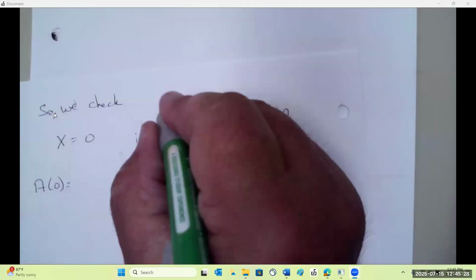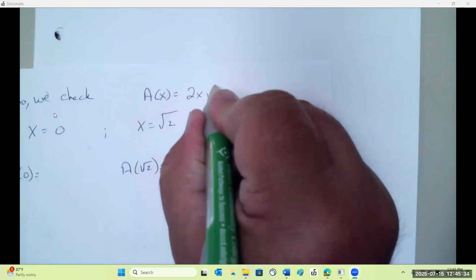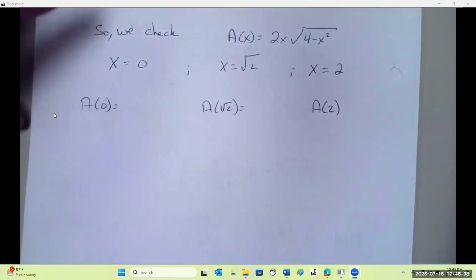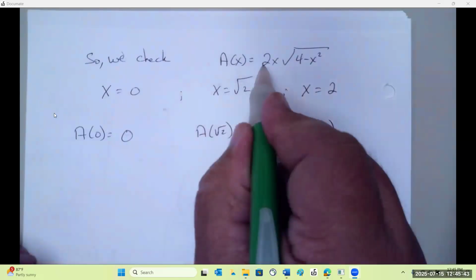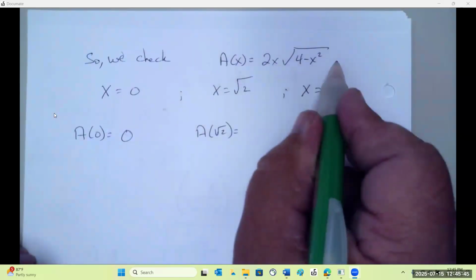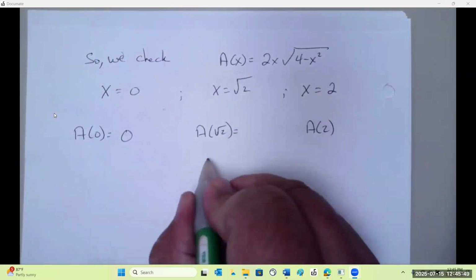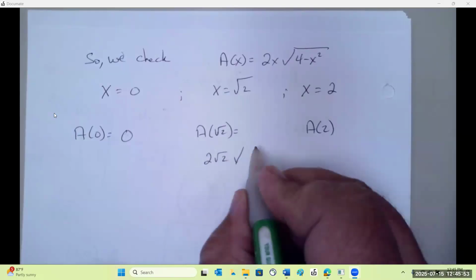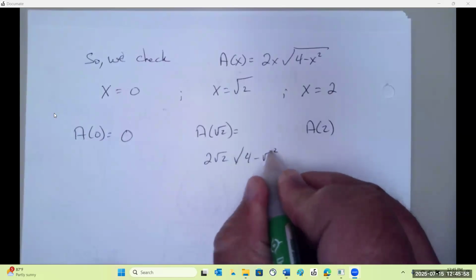So A of x is equal to 2x times the square root of 4 minus x squared. 2 times 0 is 0, the rest is 0. This would be 2 radical 2 times the square root of 4 minus radical 2 squared.